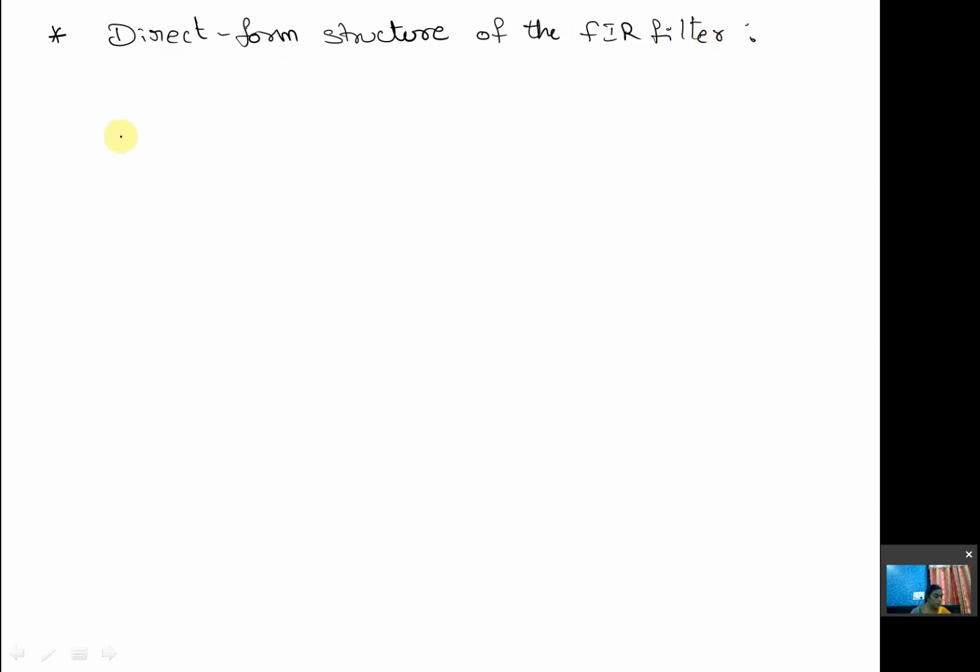That is nothing but y of n is equal to x of n plus summation k equals 1 to m alpha m of k, then x of n minus k.